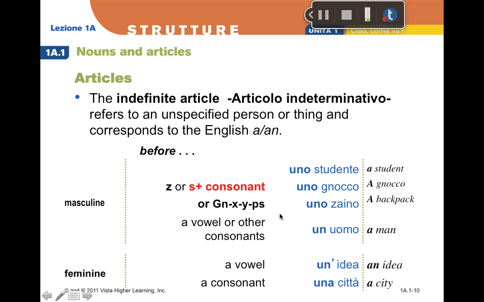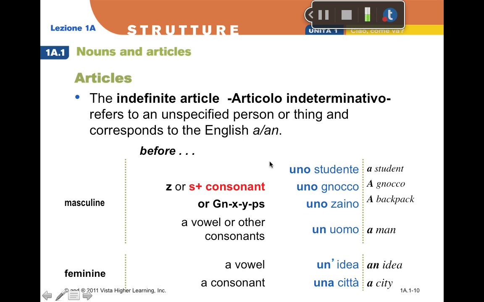So in Italian, instead of two forms, we actually have four forms: uno, un, un with the apostrophe, una. When do I use uno? I use uno before masculine nouns that start with Z, S plus consonant, GN, X, Y, or PS.